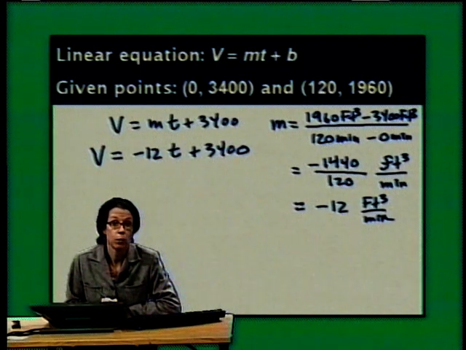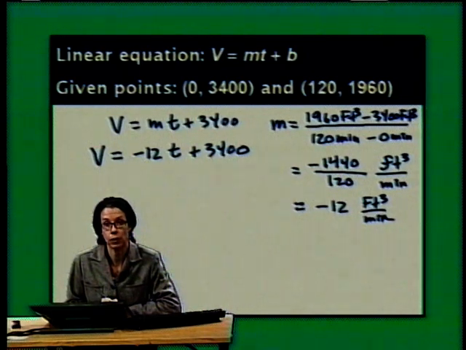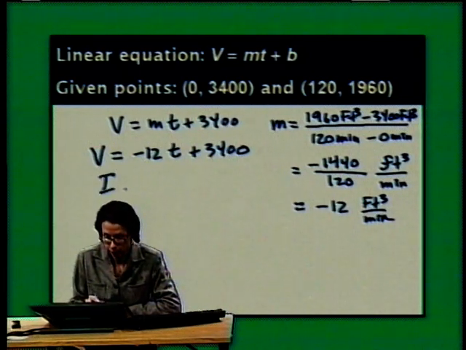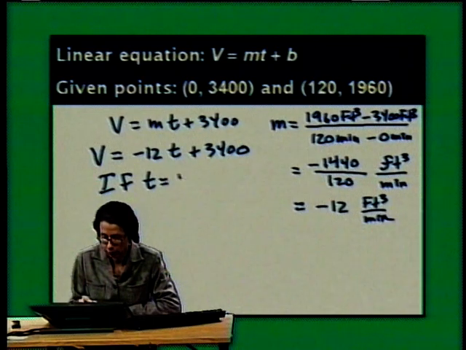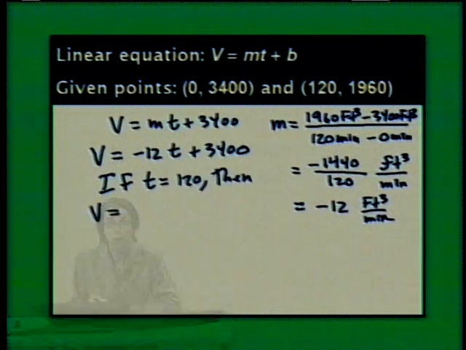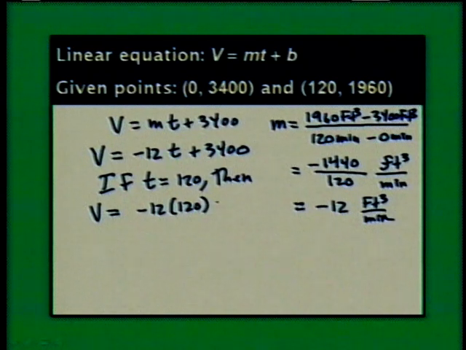Let me check to make sure that this equation is satisfied by the ordered pair (120, 1,960). So if t equals 120, then the volume of water in the tank will be negative 12 times 120 plus 3,400.